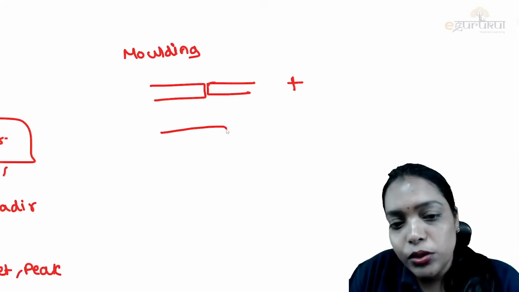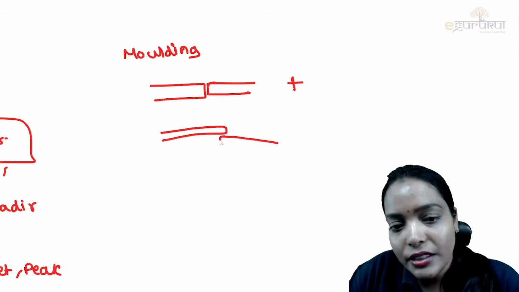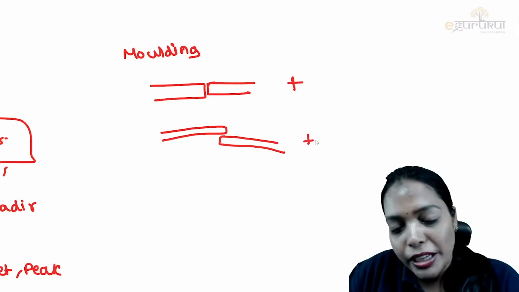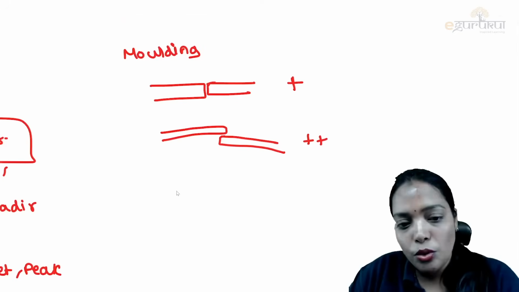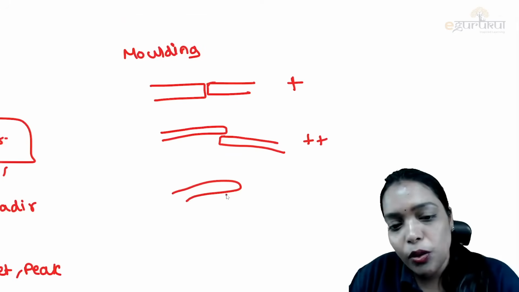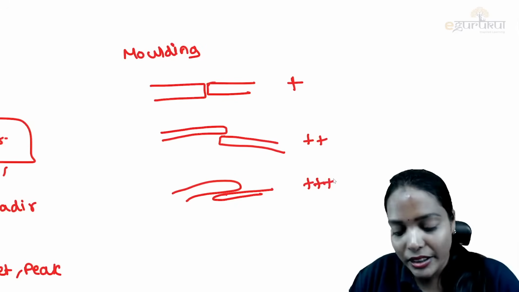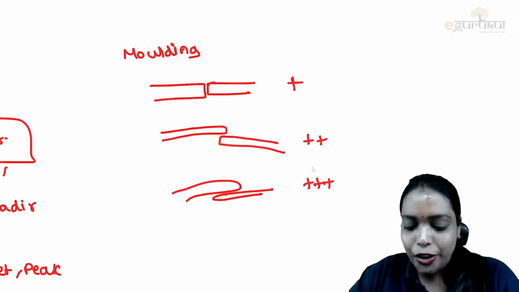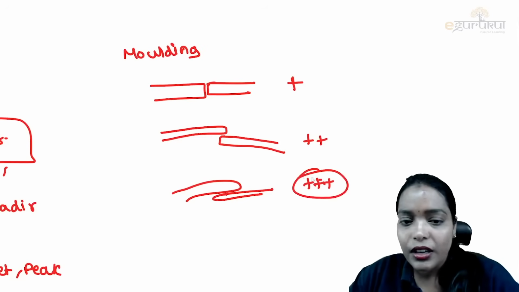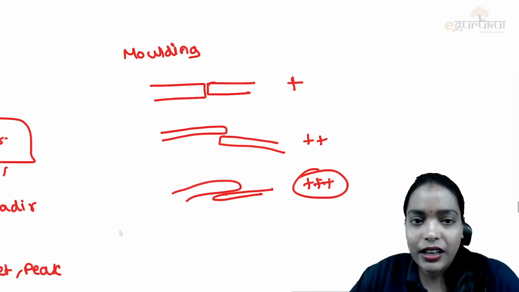If there is a reducible overlapping of the skull bones, you're going to call it plus 2, grade 2. If it is an irreducible overlapping of the skull bones, then it is plus plus plus, 3 plus. So irreducible overlapping of skull bones, 3 plus, is an alert.